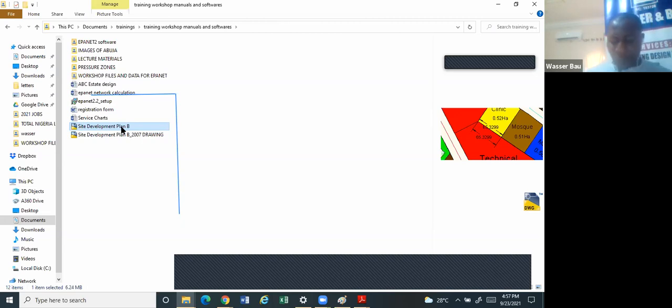DWG is the default standard for AutoCAD. Rather, they depend on what we call bitmap images or image files. So sometimes you might do a little bit of conversion. So here I've included some AutoCAD drawings for 2007 and higher versions, so that when you open them, you convert them.